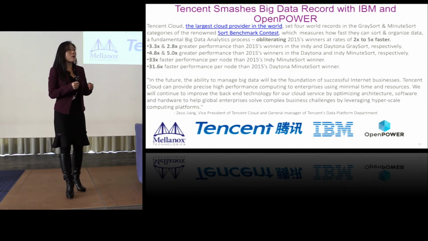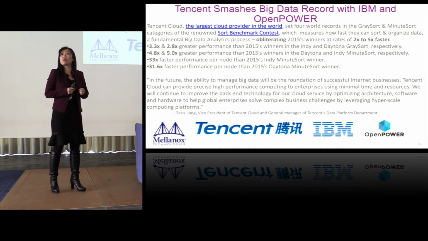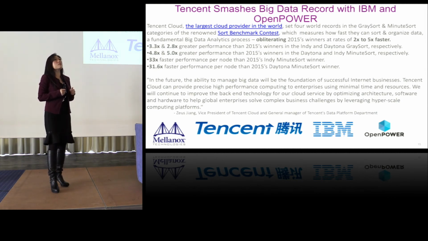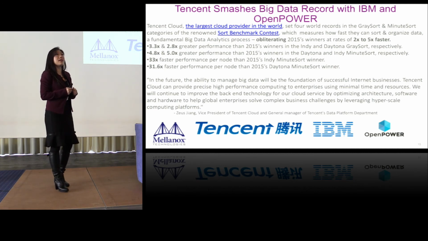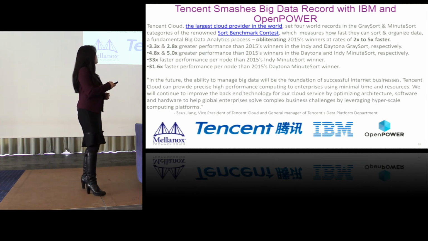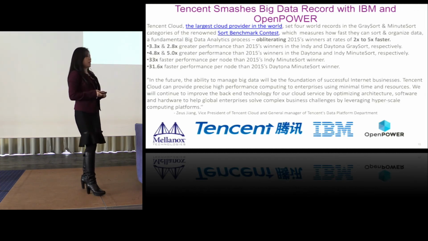With collaboration from IBM, Mellanox, and also Supermicro, we built the system, tuned them, and helped them to have 2.8x to 5x of a performance speed up over the 2015 winners, and 30+ x of speed up per node performance over the 2015 winners.